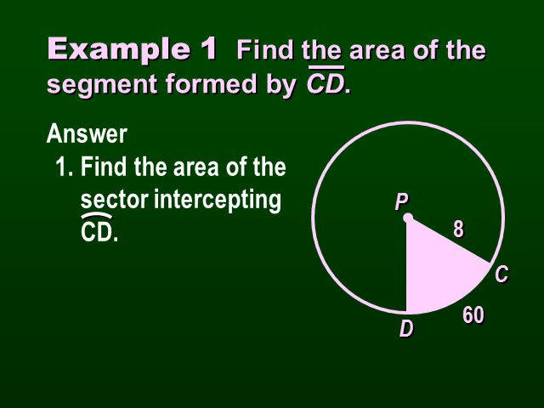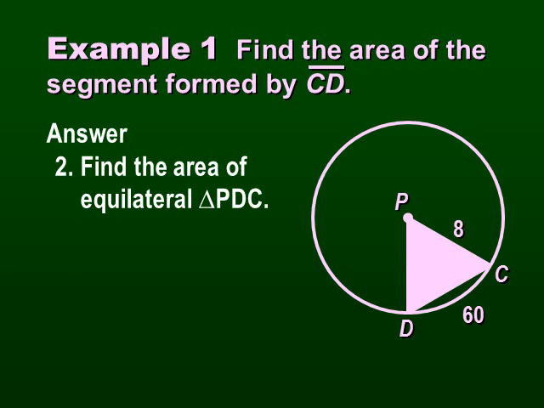But what we need to do is find the area of the equilateral triangle that is formed when we make the chord here. So we're going to use s squared times square root 3 over 4 because it's an equilateral triangle, and all we have is the side. If we plug in 8 for s, by simplifying you'll end up with 16 square root 3.